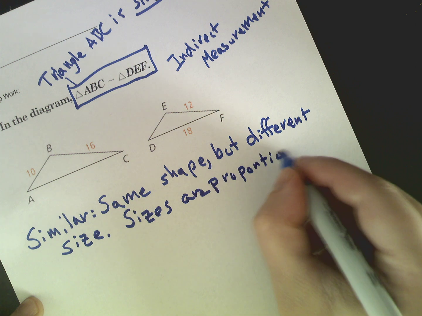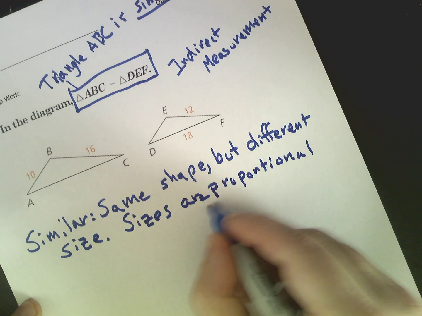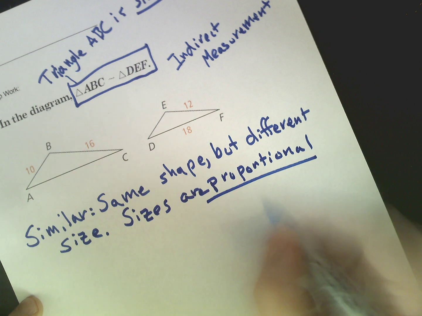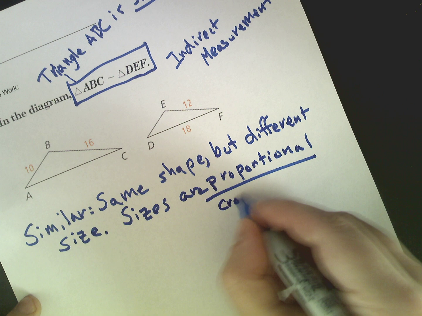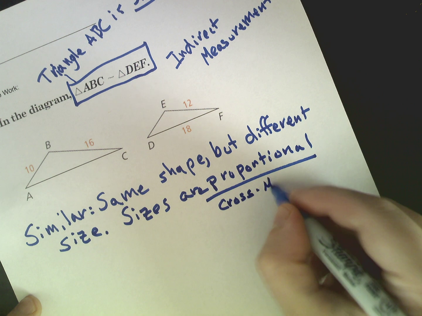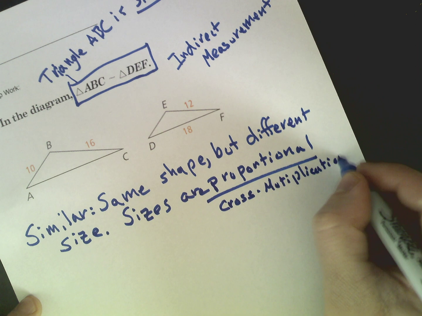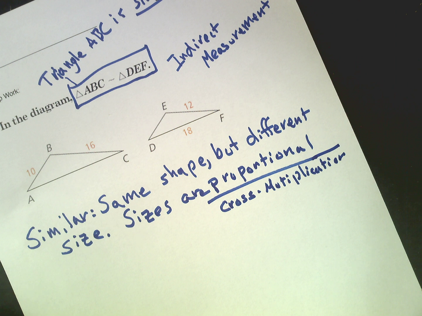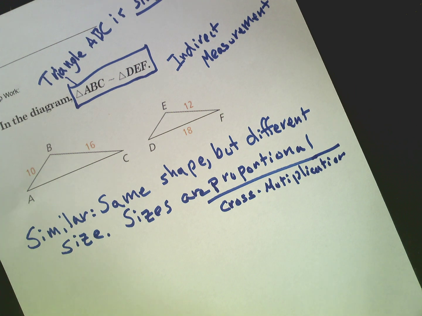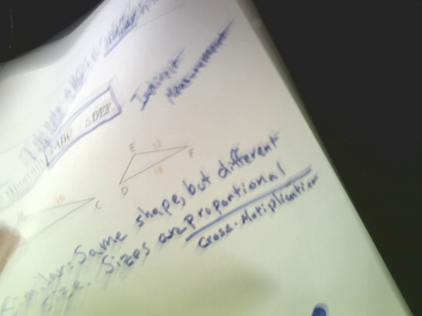Proportional being the big key term here. Proportional means I could use cross multiplication. Okay? So I know this has to be a cross multiplication.